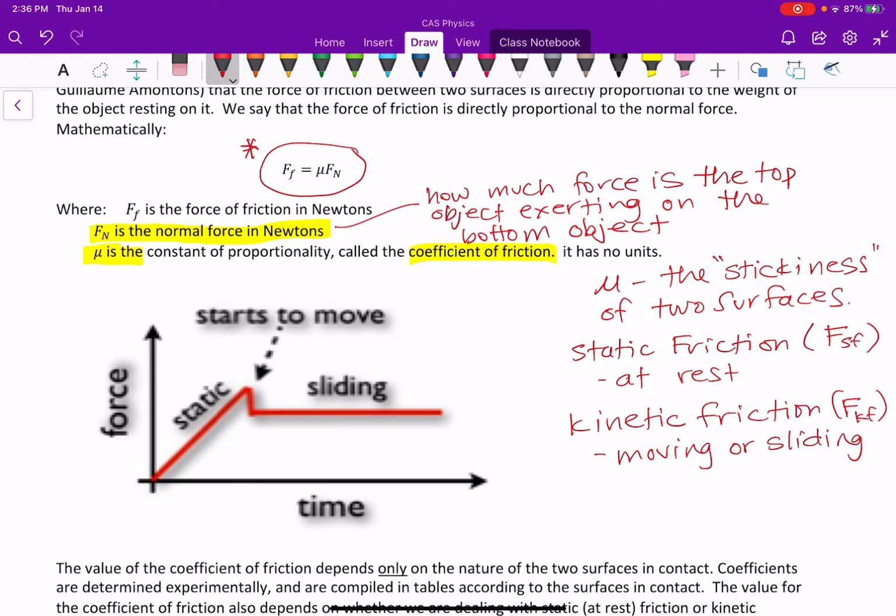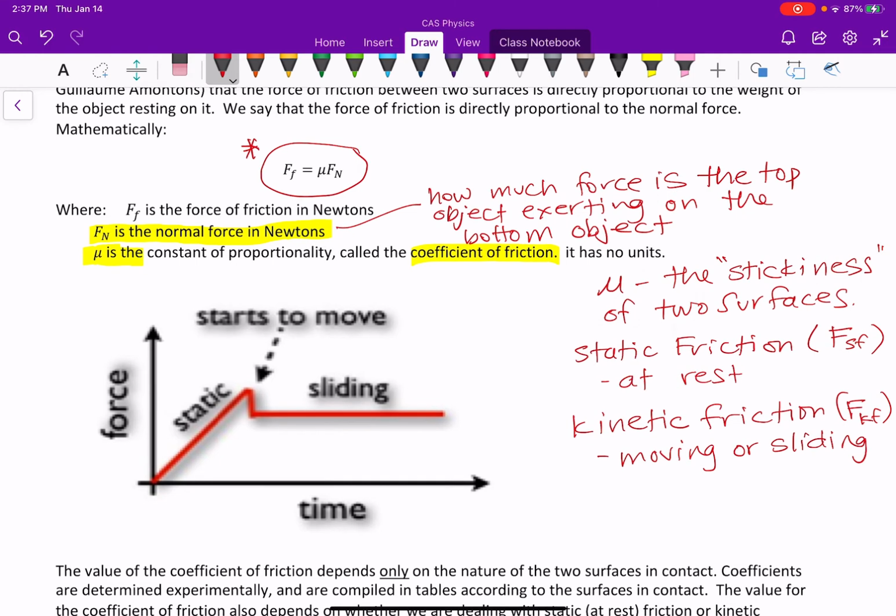Okay, so this graph, what we talked about, is this idea that you gradually increase the force you're applying on an object over time. So if you increase the force you're applying on an object, what happens to the frictional force? This is what we see: as your force increases, so does the frictional force.